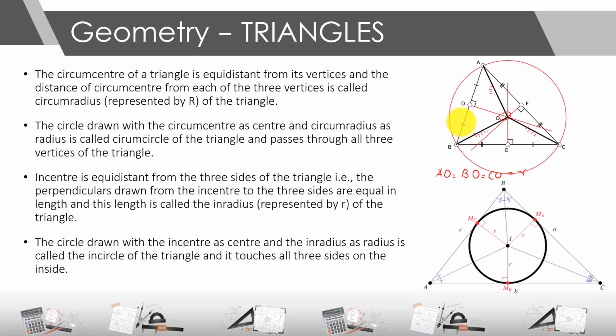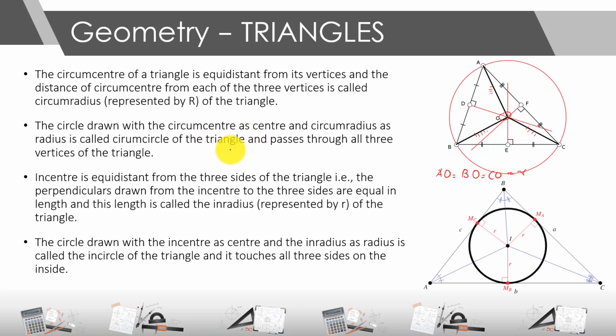You can look at this in a different way also. So in a question, if you get a triangle inscribed inside a circle, you would know that the center of that circle is actually the intersection point of the perpendicular bisectors. So if you drop any line from that center to any side of the triangle, that will be perpendicularly bisecting that side.